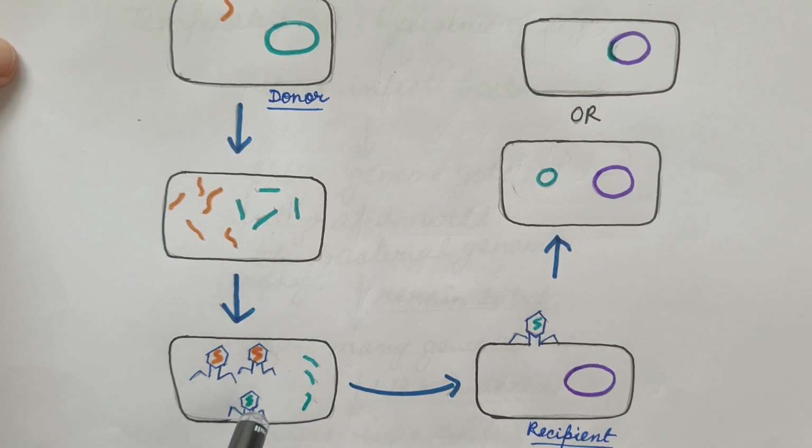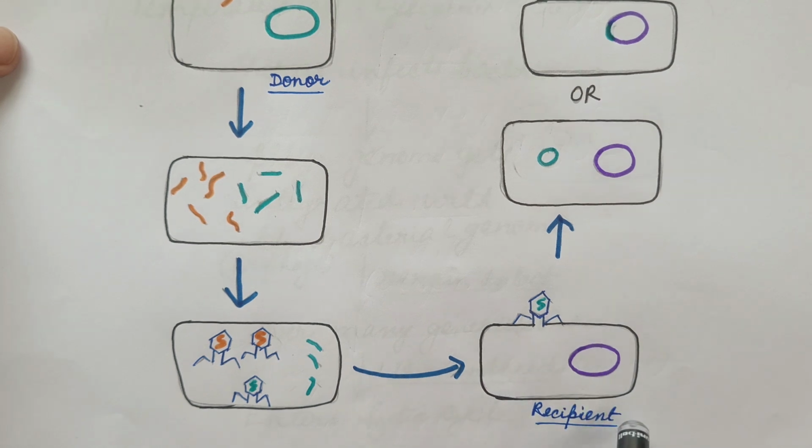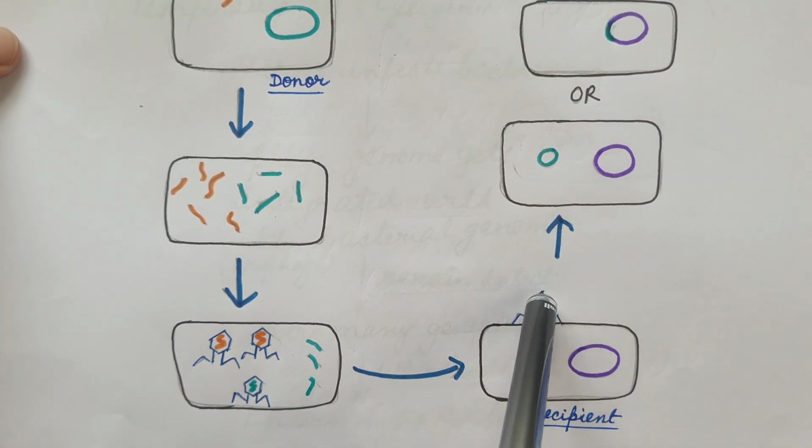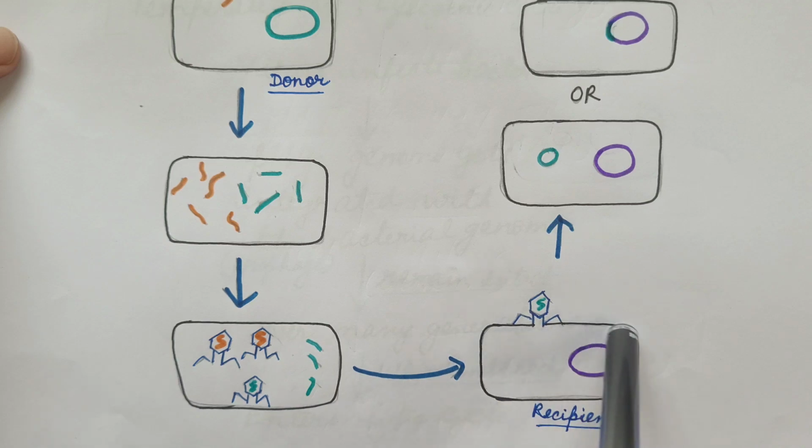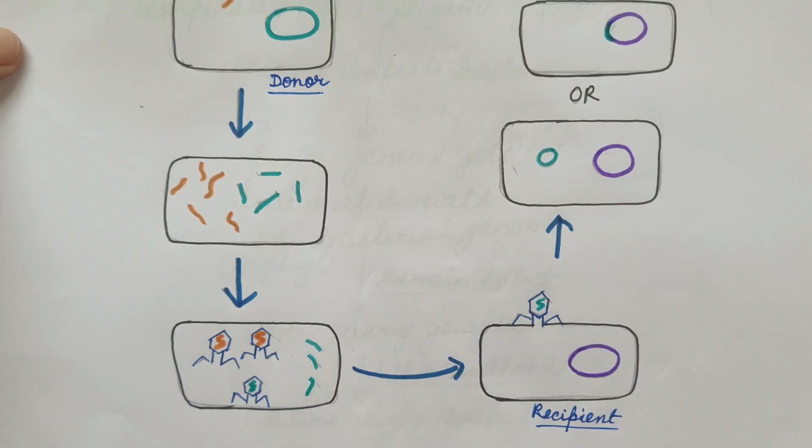When this virus carrying the fragment of bacterial genome comes and infects another bacterial cell, this is the recipient bacterial cell. It injects its genetic material inside the recipient bacterial cell.